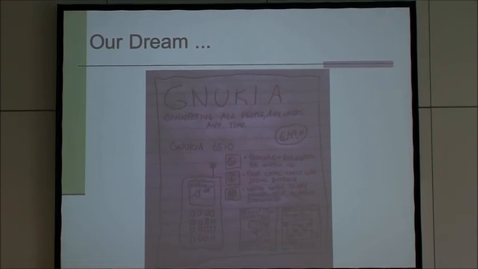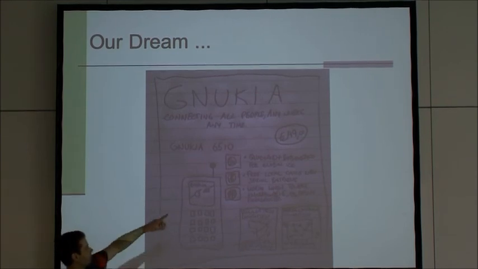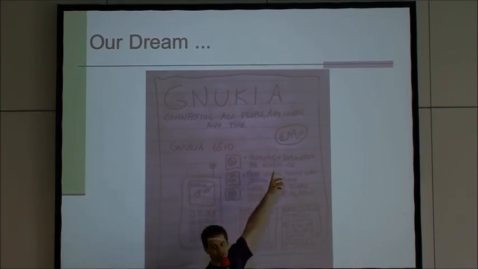So my dream is that one day we'll see phone packaging like this. Probably not on the same piece of paper, but here we have Nokia, our open source handset provider. So we've got connecting, not just connecting people, but connecting all people anywhere, anytime. And you can get it on your prepaid plan for say €49.